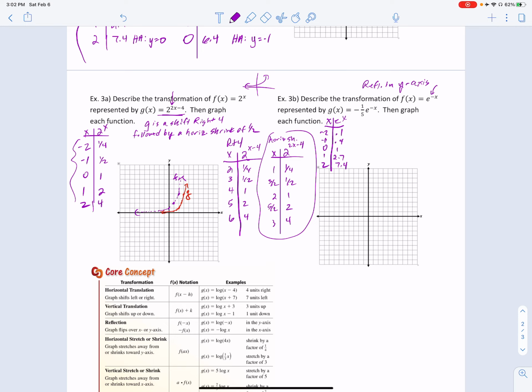And when you reflect in the y-axis, you multiply the x's by negative 1. So we're going to have a positive 2, positive 1, 0, negative 1, negative 2 for these x values.